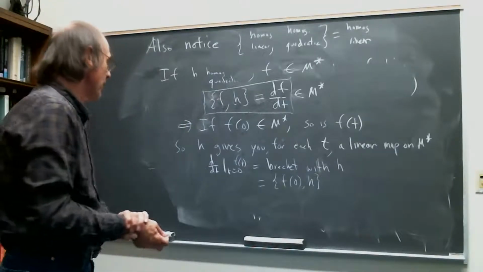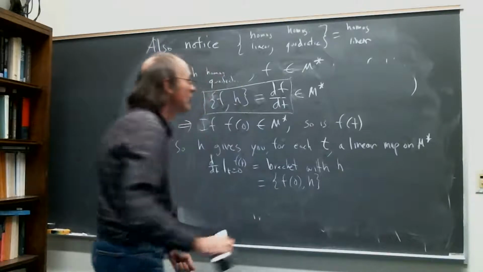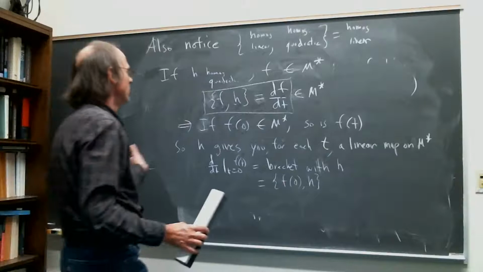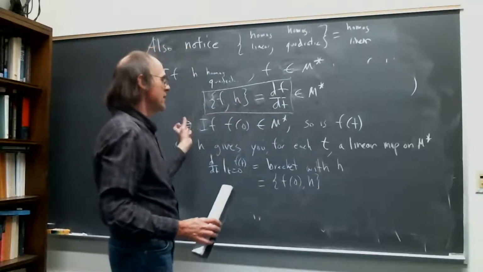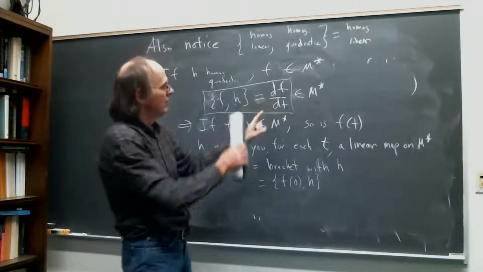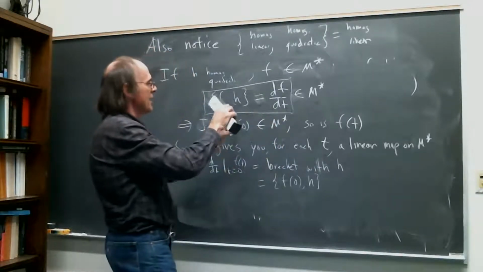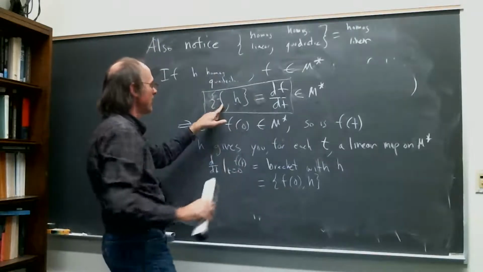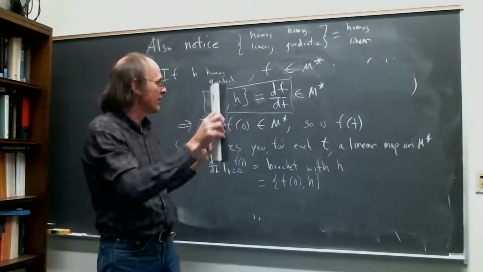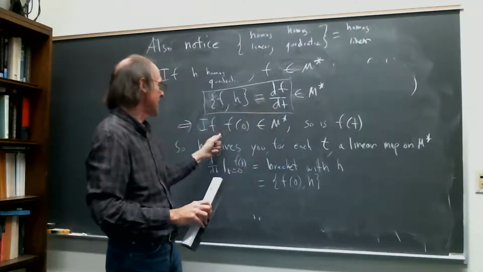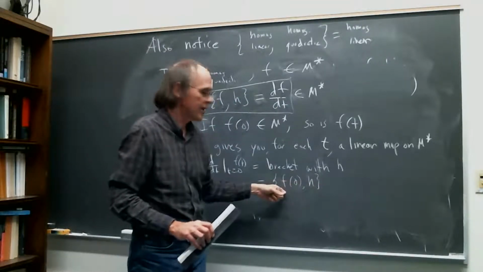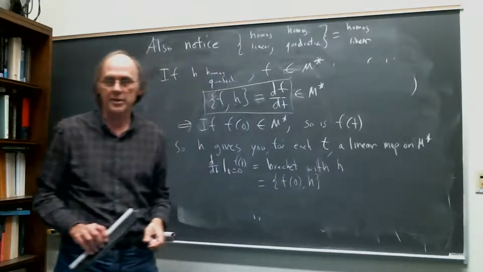Okay, and then the other thing to notice. What's happening here is that this h is generating, for each t, a linear transformation on m star, and this family of linear transformations has derivative at t equals 0 given by just this linear map on f of 0.